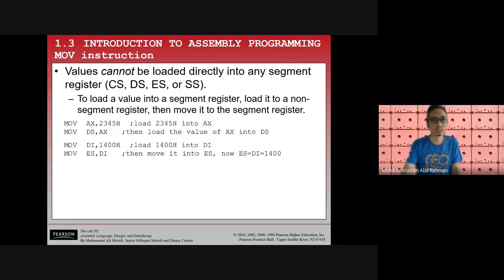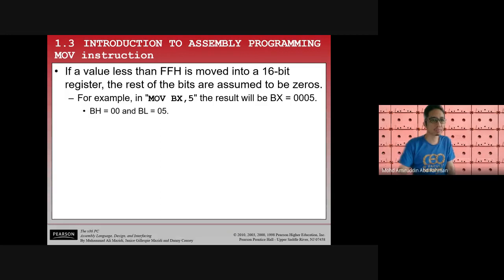There are certain rules in assembly programming for the move instruction. If a value less than FFH is moved into a 16-bit register, the rest of the bits are assumed to be 0. This is only for a value that is 8-bit.